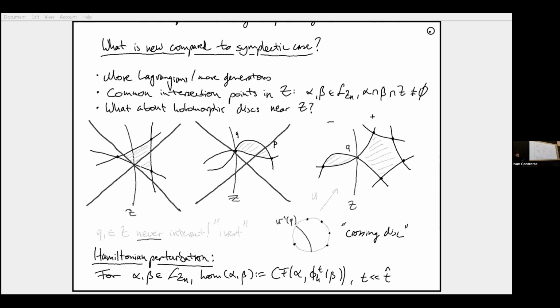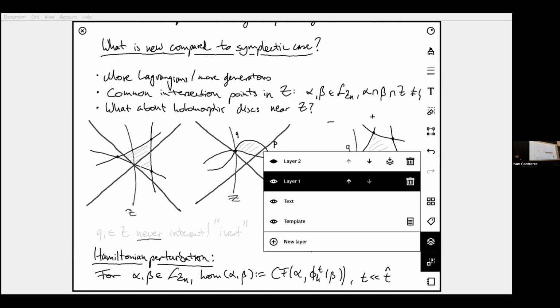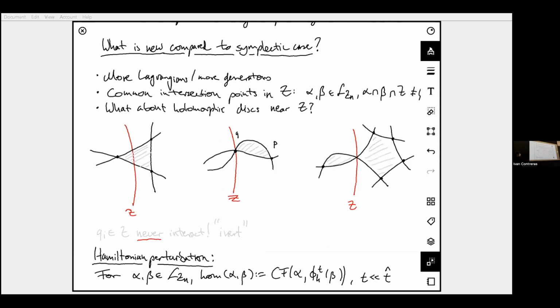And so in particular, what we need to ask ourselves is, what about holomorphic disks or holomorphic polygons that somehow interact with Z? So here I've drawn situations that might potentially arise. First of all, here's a polygon of Lagrangians, and the singular locus goes right through the middle of it.